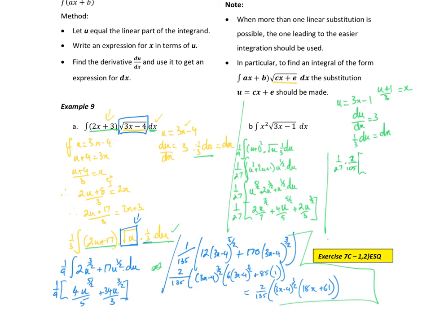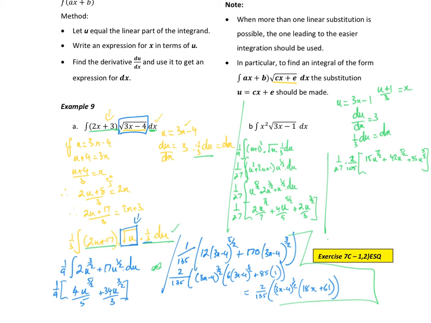I've taken a 2 out the front, so that becomes a 15u to the 7 on 2 plus 21 times 2, because I took 2 out the front. 21 times 2 is 42u to the 5 on 2, and 35u to the 3 on 2.